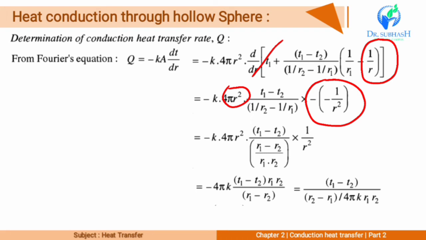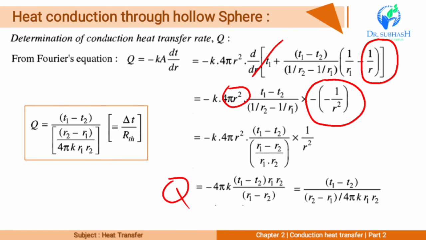So finally we get the heat transfer equation Q is equal to (T1 minus T2) divided by (R2 minus R1) divided by 4 pi K R1 into R2. Here (R2 minus R1) divided by 4 pi K R1 into R2 is the thermal resistance of hollow sphere. So R_TH is equal to (R2 minus R1) divided by 4 pi K R1 into R2.